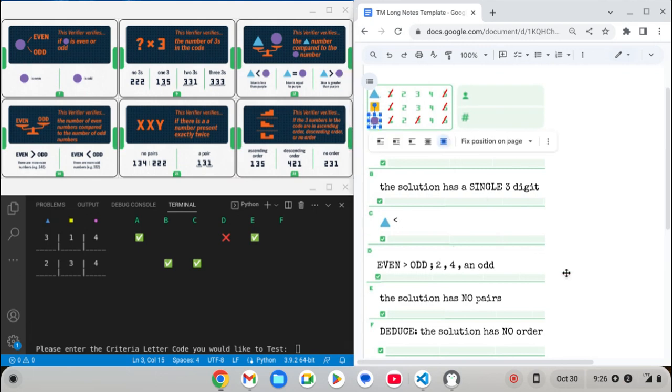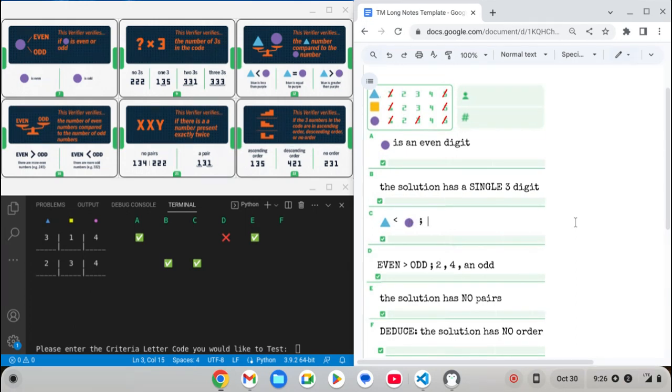Okay, well, that's good. But again, I don't believe 2, 3, 4 could be the correct answer. So what can we cross out because of that? Or perhaps we should list out the potential solutions.